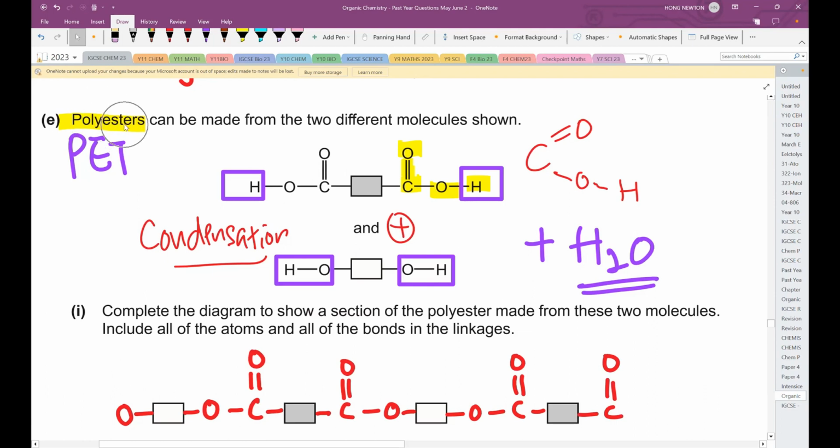So we call it polyester. You see, HO and H is H2O, right? This one also HO and H is H2O, right? That means when we combine, this one sacrifices the H and O, this one sacrifices the H.